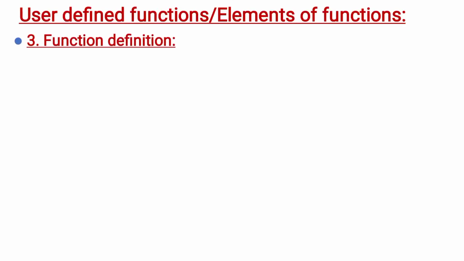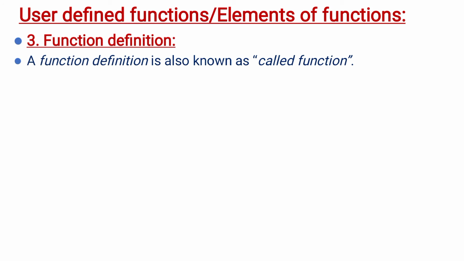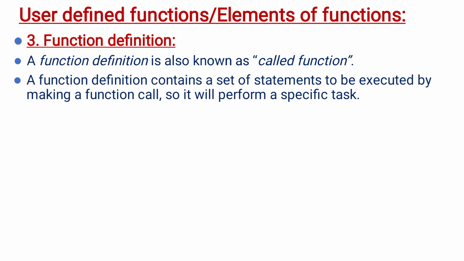Next, we will see the function definition. A function definition is also known as the called function. The function call is known as the calling function. A function definition contains a set of statements to be executed by making a function call, so it will perform a specific task.